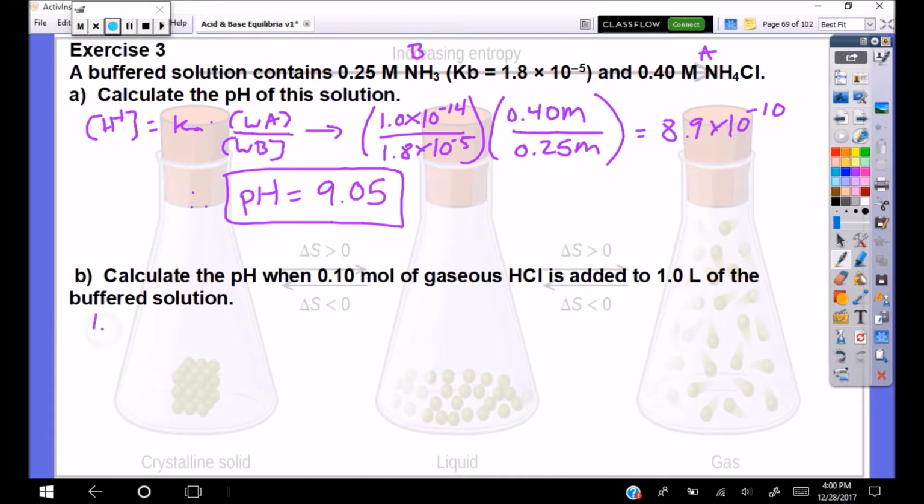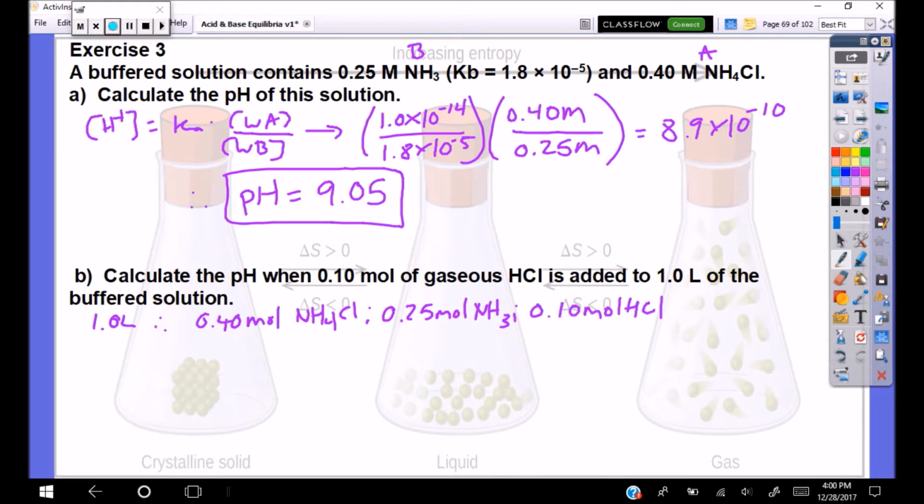So that means we've got 0.40 moles of my NH4Cl and 0.25 moles of NH3, and then we don't need to do anything else. Remember, it's easier to do the buffer problems when everything's in moles. Volume just messes us up, okay? So convert everything to moles first. And 0.10 moles of HCl.